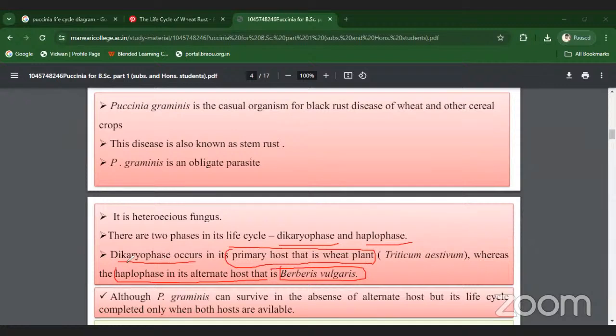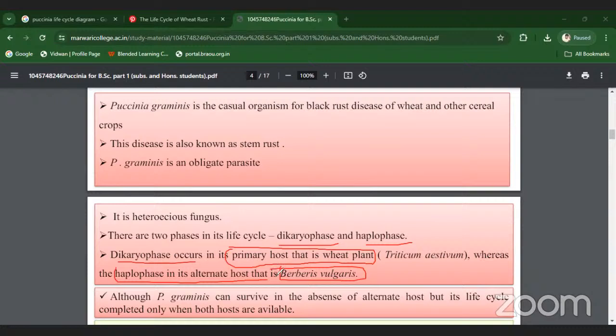Dikaryotic phase means di means two, karya means nuclei, two nuclei present in the primary host. Haplo means one nucleus present in the alternate barberry host. That is the difference between dikaryophase and haplophase.